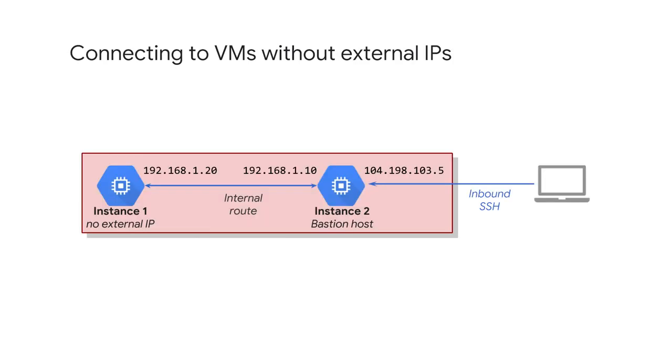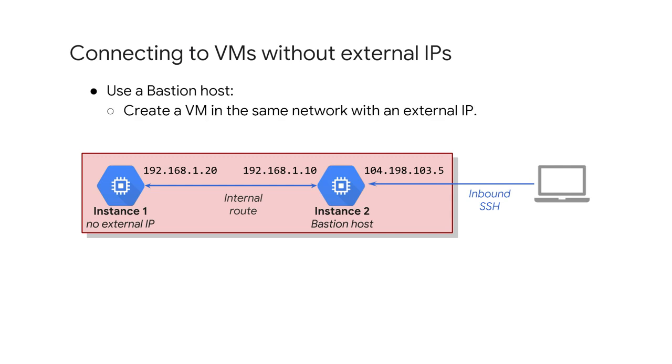So all of the SSH connection options discussed require the VM instance to have a public IP address, which raises the obvious question, what if the instance does not have a public IP address? One solution to this type of situation is to use a Bastion host. To implement this solution, create a second VM with a public IP address in the same network as the instance you want to connect to.